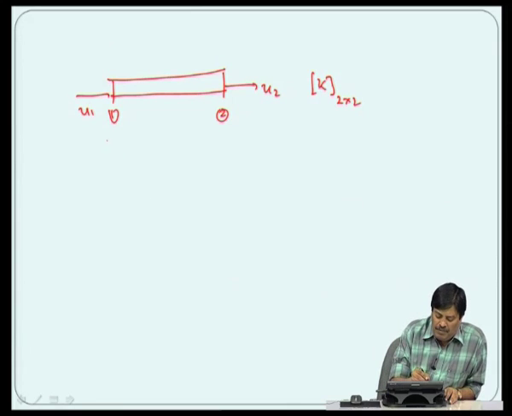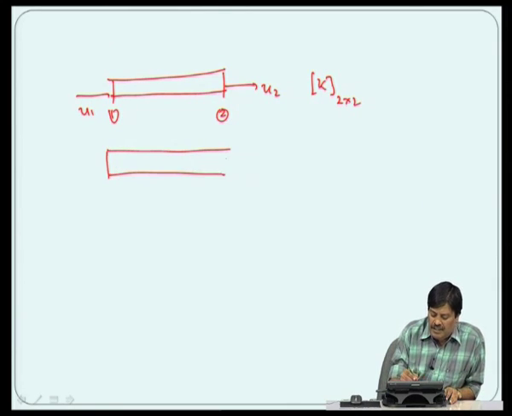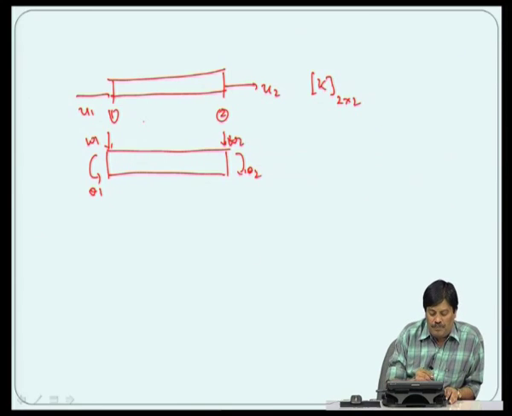If the same problem is now a beam problem, that is when the loading is in the transverse direction, then each node will have 2 degrees of freedom, that is W1 and theta 1, the slope, and W2 and theta 2, the slope. In which case the stiffness matrix will be 4 by 4.